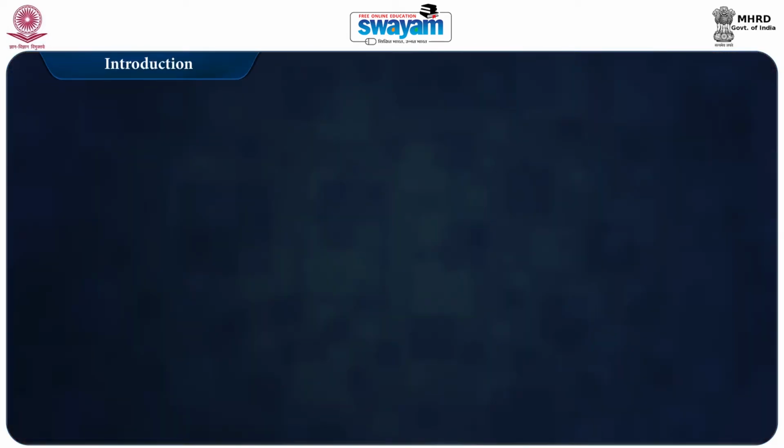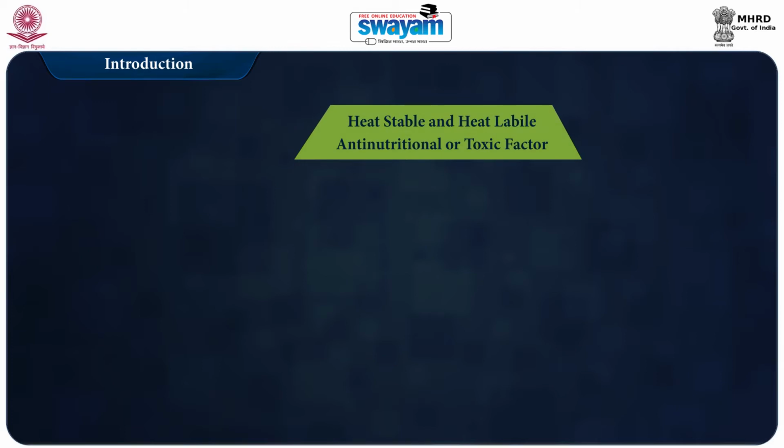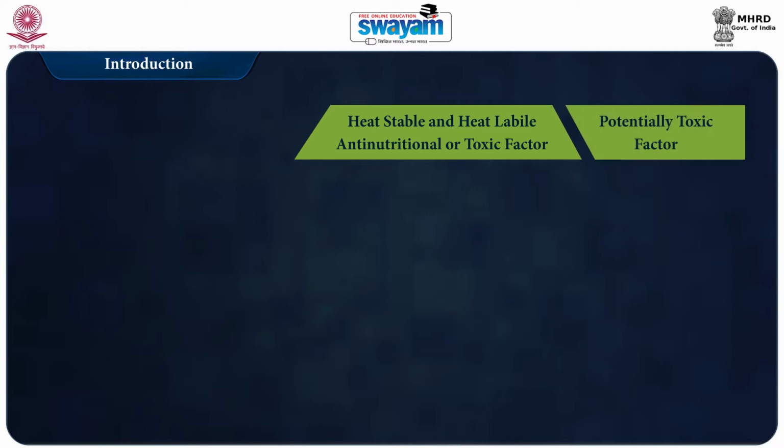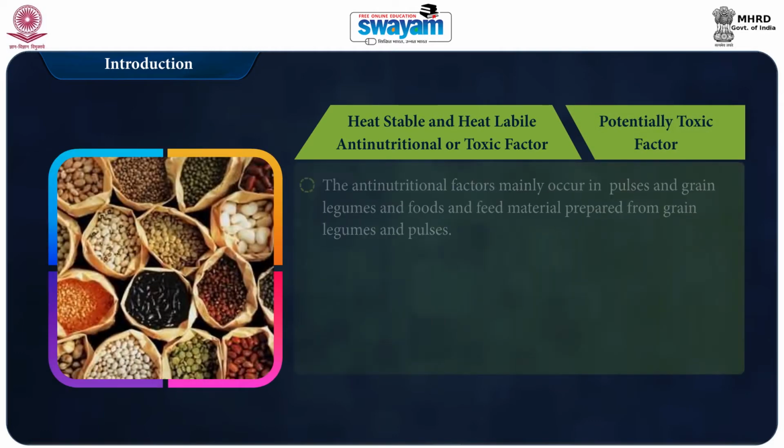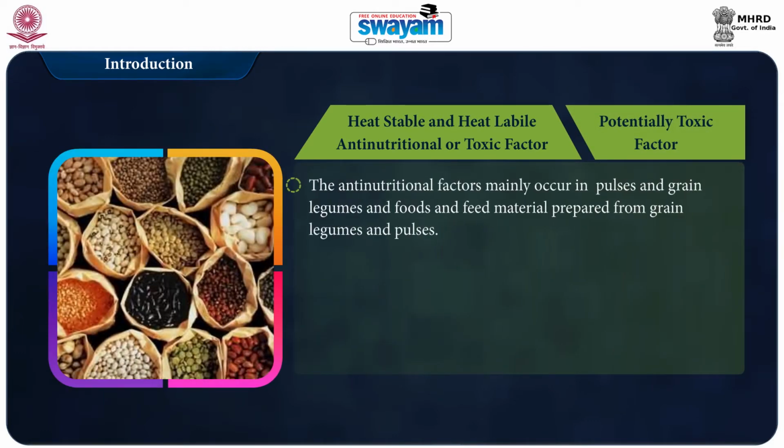There are several heat stable and heat labile anti-nutritional toxic and potentially toxic factors. The anti-nutritional factors mainly occur in pulses and grains, legumes and foods, and feed material prepared from grain, legumes and pulses.